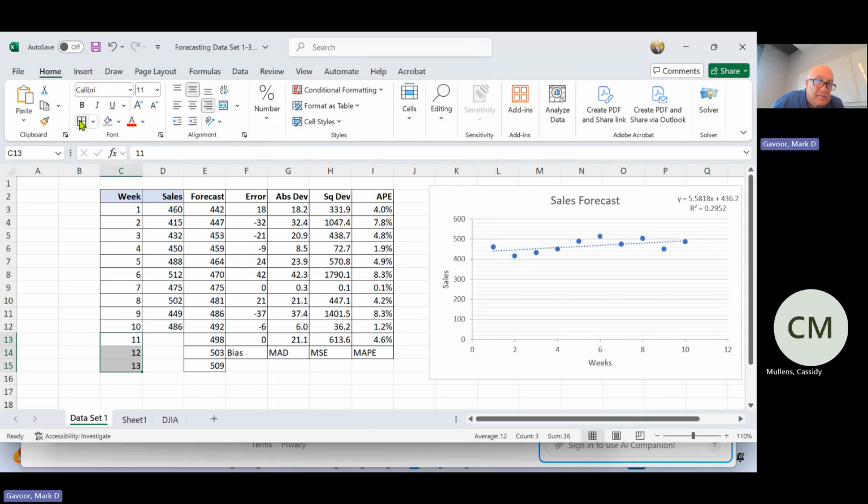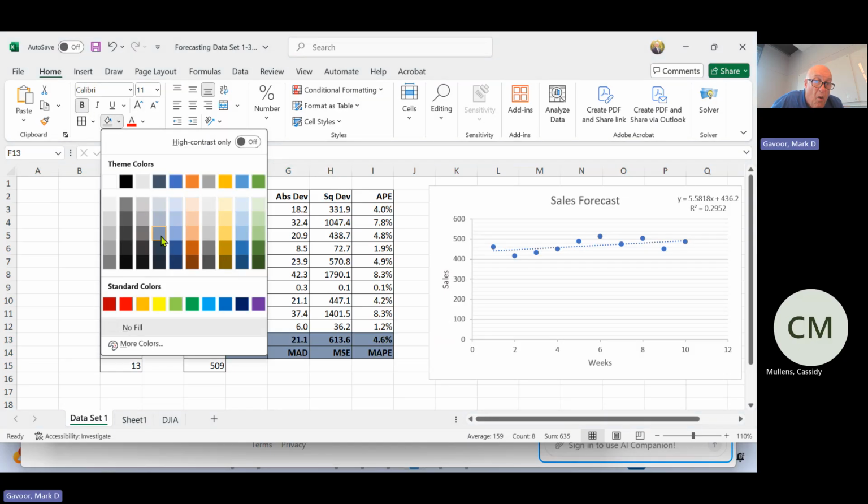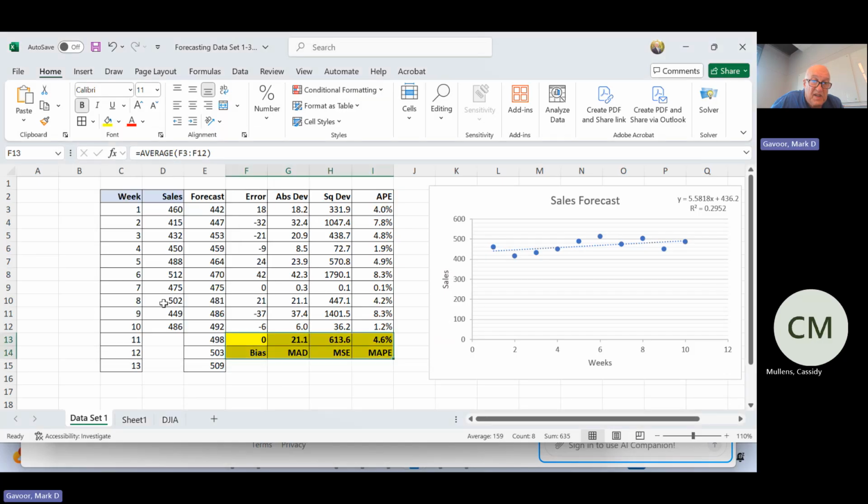I'm still not done yet. I'm going to take these bottom headers and make them right justified also. And I'm going to take my metrics, make them bold and highlight them in yellow, so the metrics stick out.